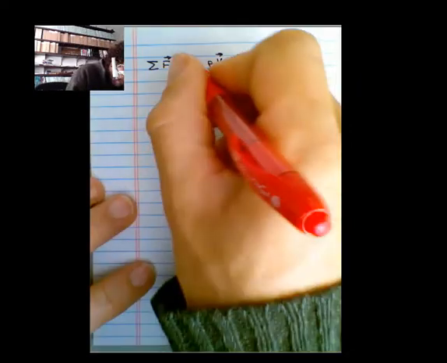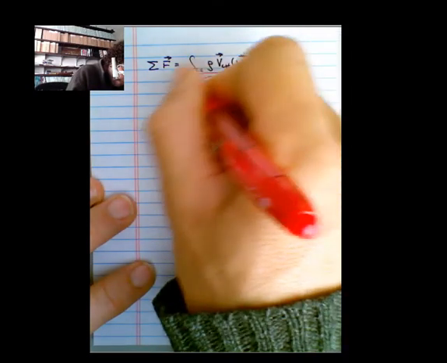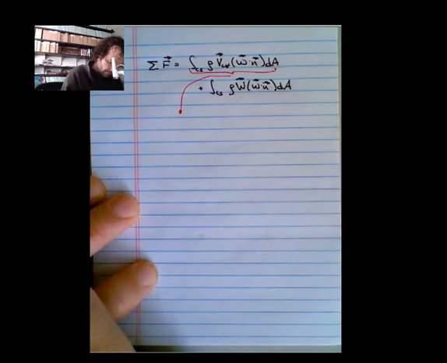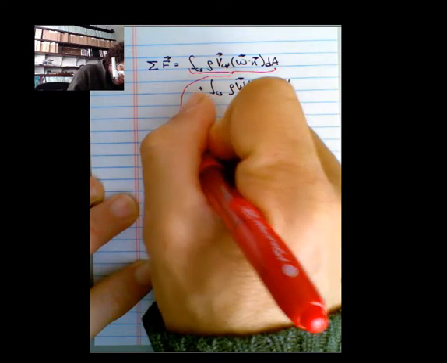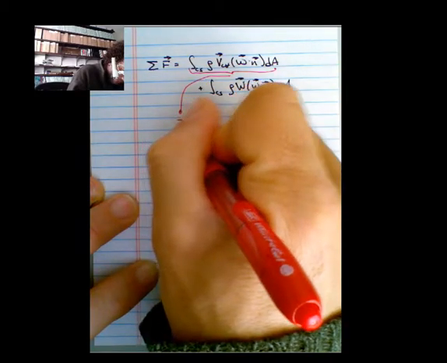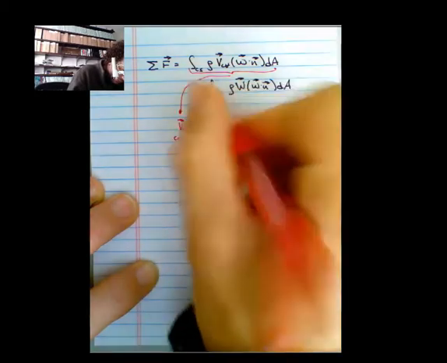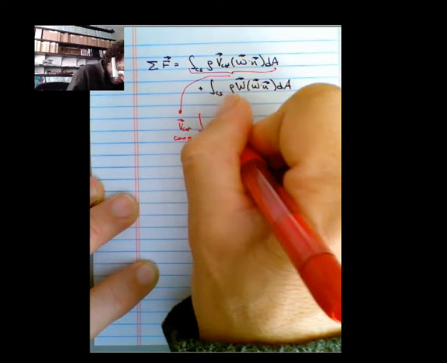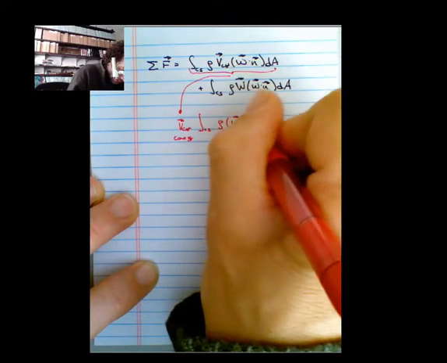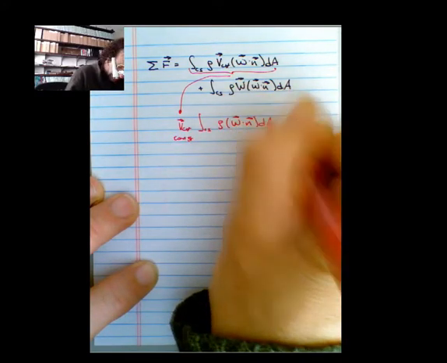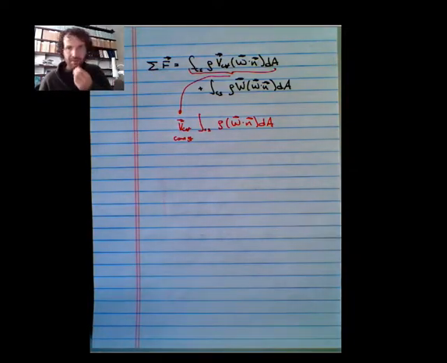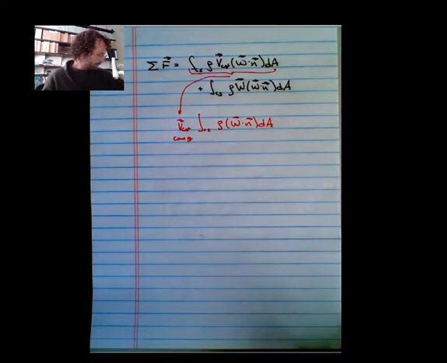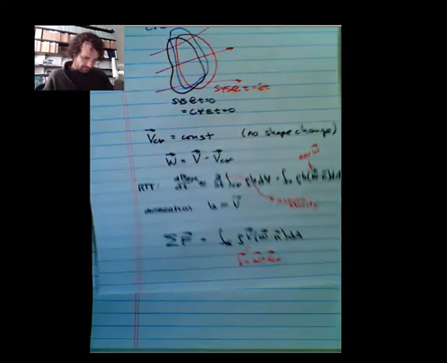This first one, well, it can be written like this, that since that velocity is constant, that can come out, and we can say control surface rho W dot n dA. And it turns out this is 0, and I can show you why this is 0 by going back up to this expression.